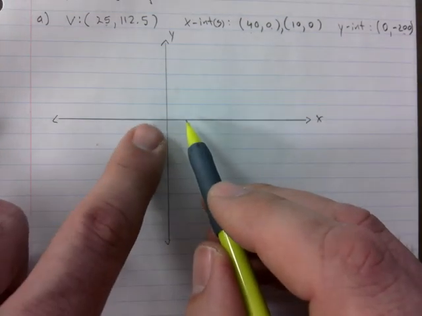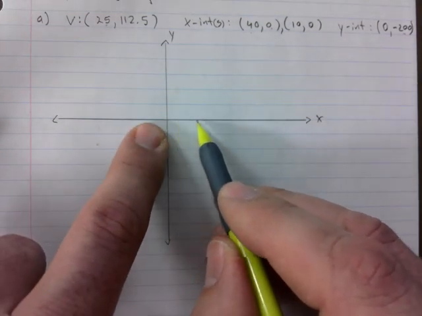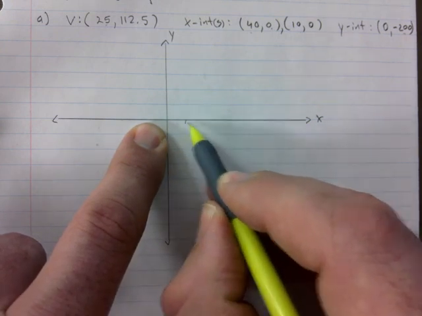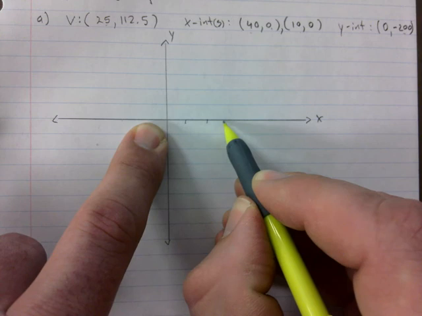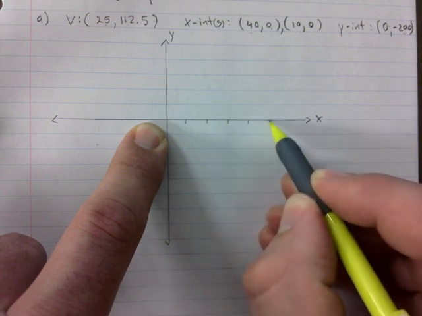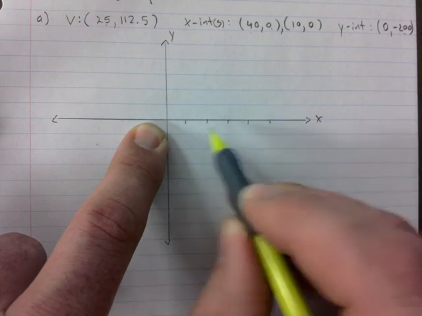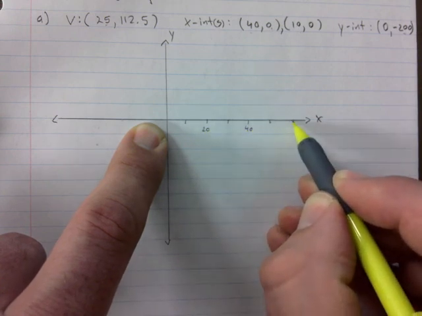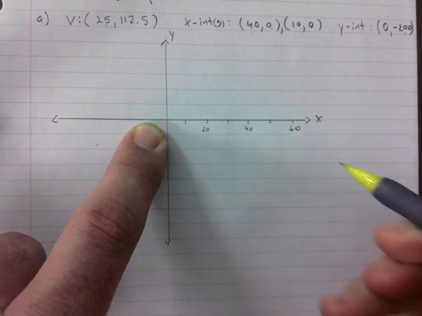So if I go up by 10 along the x-axis, I'm in business, right? So I'm going to go 10, 20, 30, 40, 50, right? I'm going to label every second one like that. So I went up to 60 there.